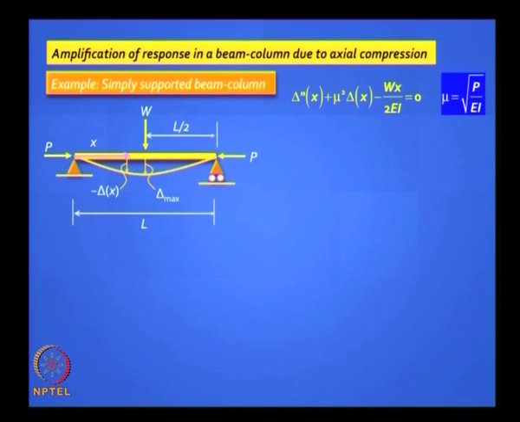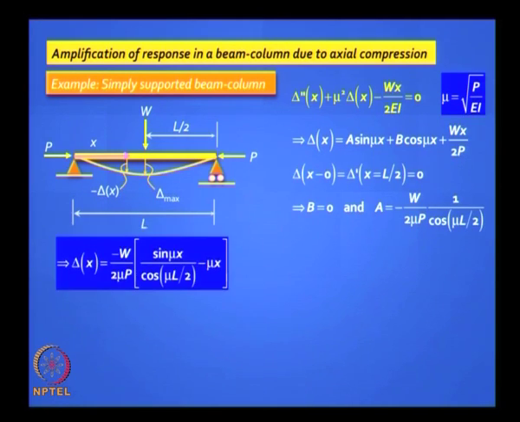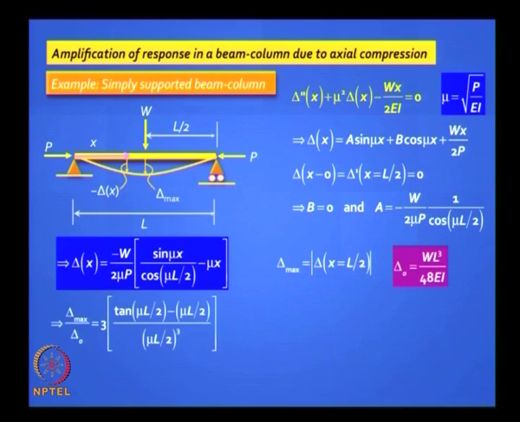Actually you can prove it. So let's do that. So you can write the equation, solve that equation, put the boundary conditions, write an expression for delta, find out the maximum value at the midspan. Let us normalize it with the static deflection for a non-slender case. So delta naught is WL cube by 48 EI. So if I take that ratio, delta max by delta naught, and I simplify, how do I simplify a tan function?